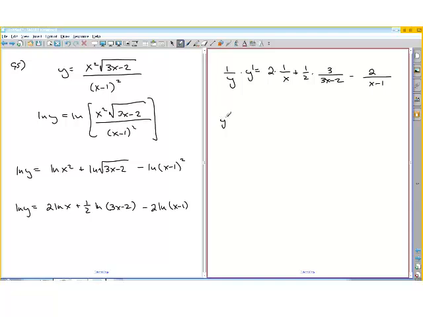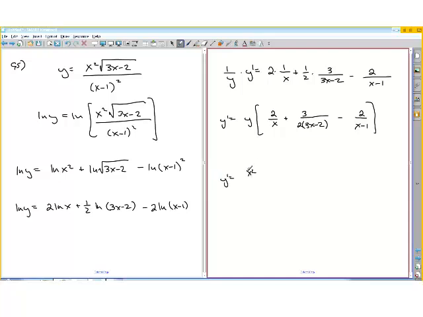So we did all that. Then you could solve for y prime. It's going to be equal to y times all this stuff: 2 over x plus 3 over 2 times (3x minus 2) minus 2 over x minus 1. And then you can plug y back in.